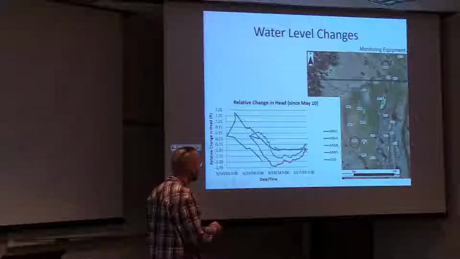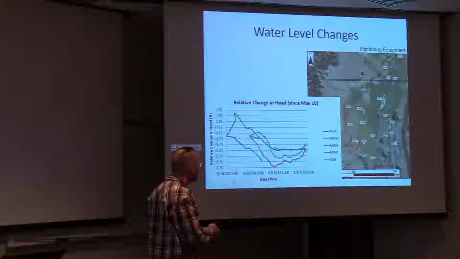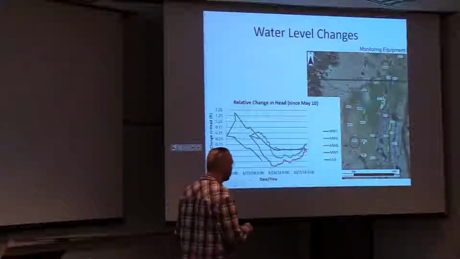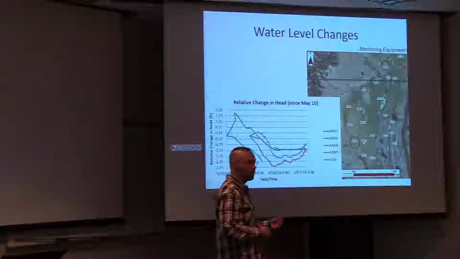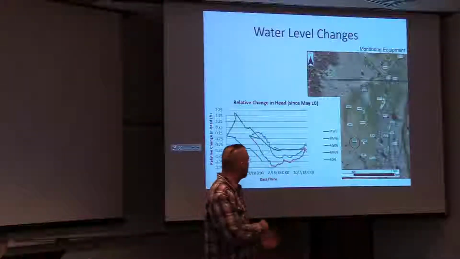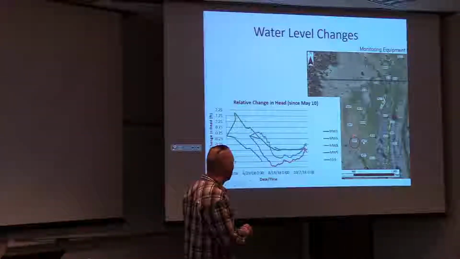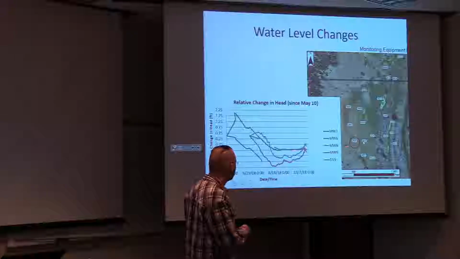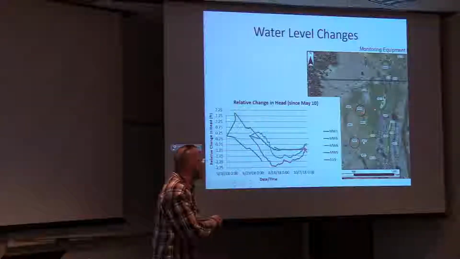These other wells dried up over time, but this one seems to be receiving what we think is a constant source of water, and that's going to complicate the model because we don't know what that flux is. But the flux on the boundary of the model that's coming in seems to be pretty steady through the dry season.